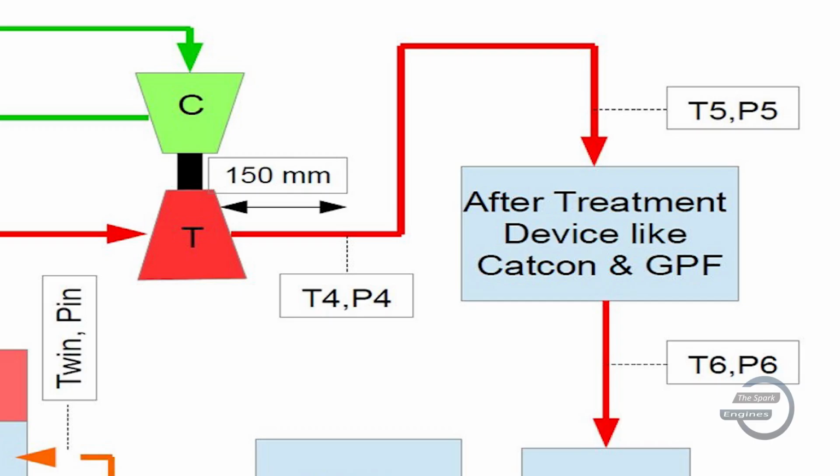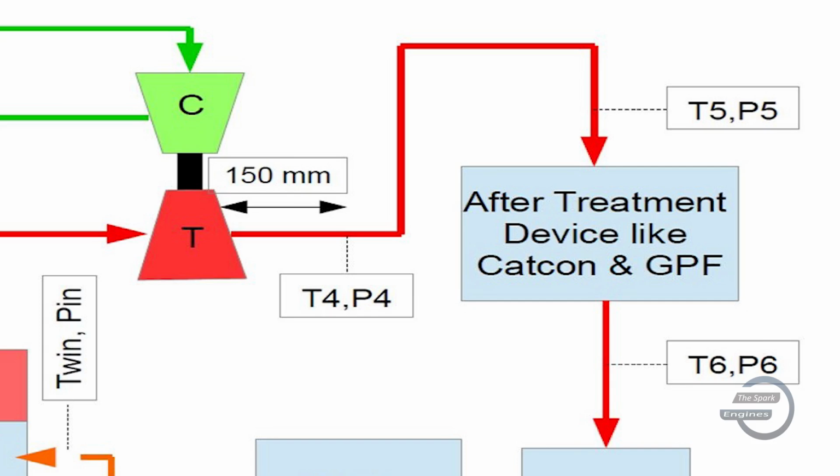Temperature before EGT helps in determining the working behavior of the catalytic converter. Since the reactions within the catalytic converter are exothermic in nature, the temperature after the catalytic converter will be more if proper conversion of exhaust gases takes place.